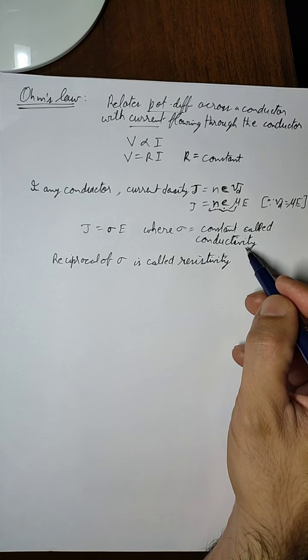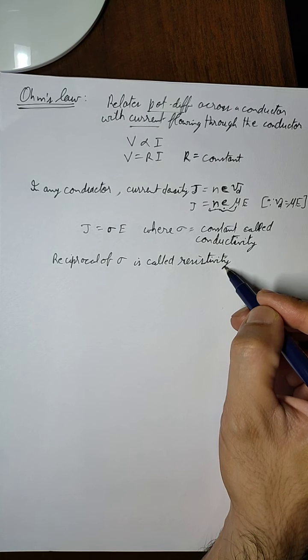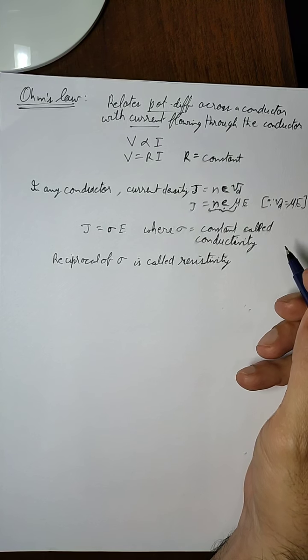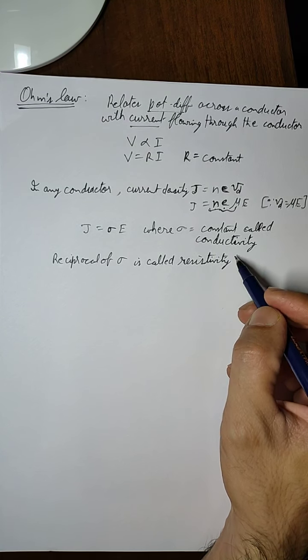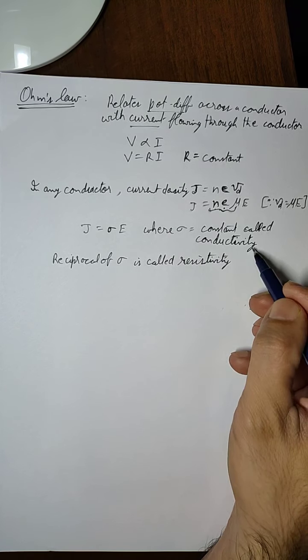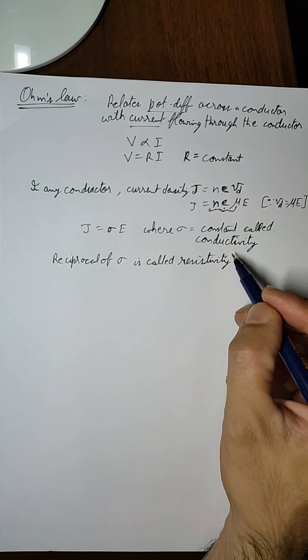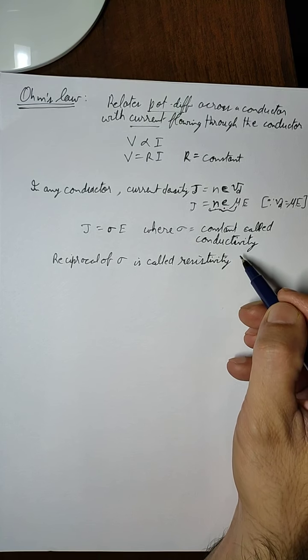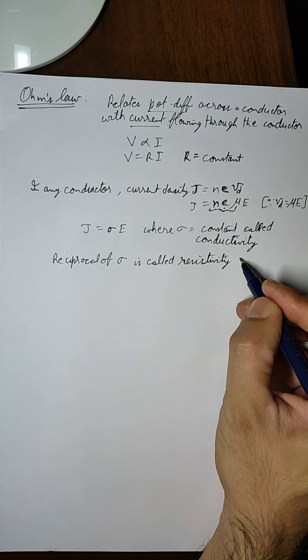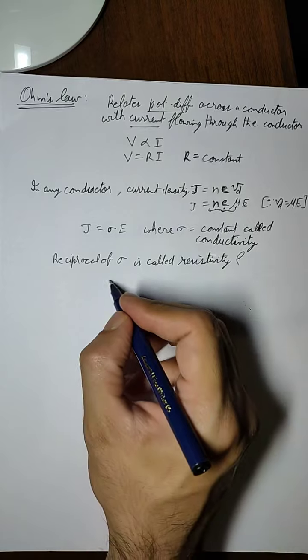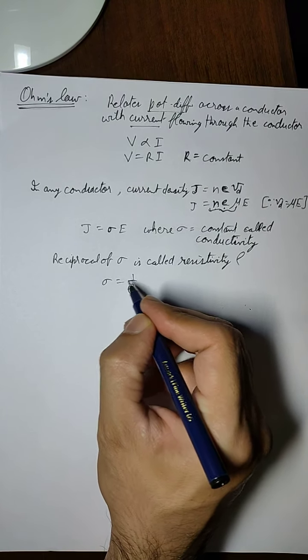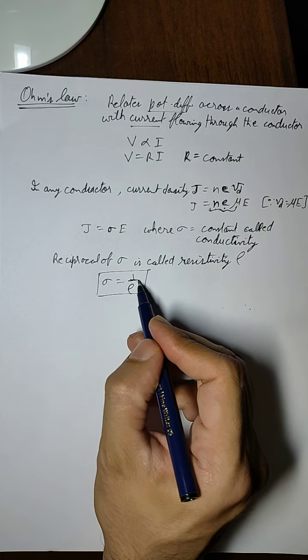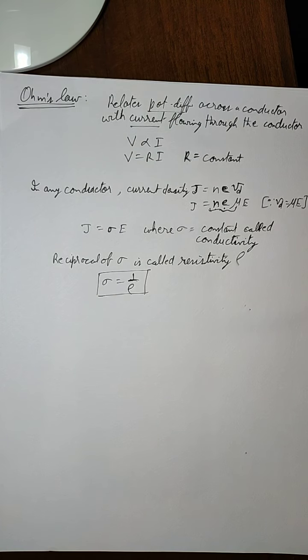Those conductors which have good conductivity and bad resistivity are called good conductors, like copper or silver. And those materials which have more resistivity than conductivity are called bad conductors. So conductivity and resistivity are opposite to each other. We'll define resistivity with the symbol rho. So sigma equals 1 upon rho. Conductivity equals 1 upon resistivity.